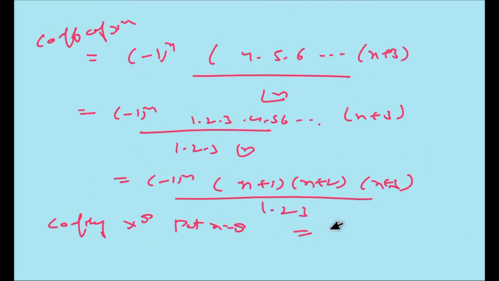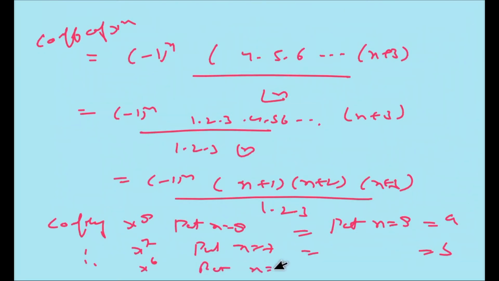If I put n equal to 8 for the coefficient of x to the power 8, and then for the coefficient of x to the power 7 put n equal to 7, let us get here a, we get here b. You calculate yourself. Coefficient of x to the power 6, put n equal to 6, let it be c. So what will be your answer?